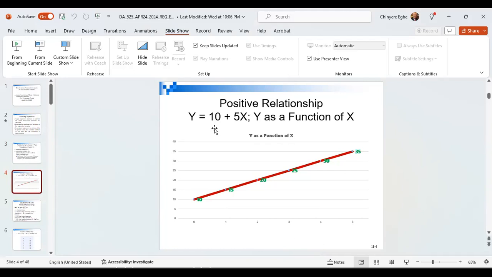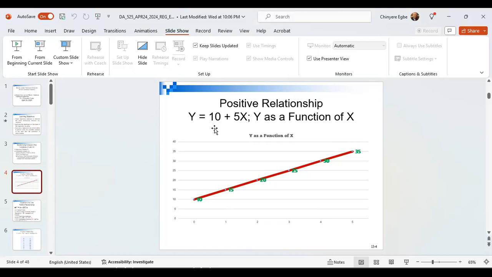We have y equal to 10 plus 5x. The constant value is 10. The nature of the relationship between y and x will be positive.